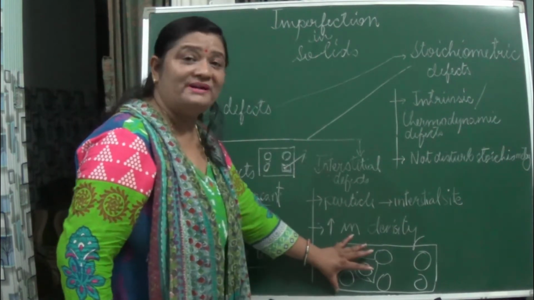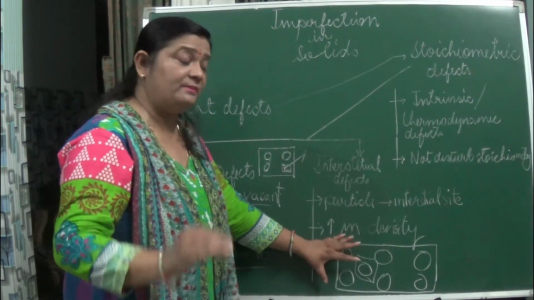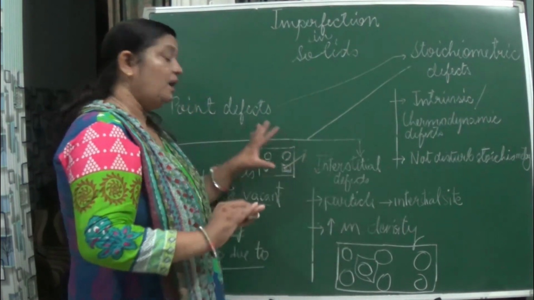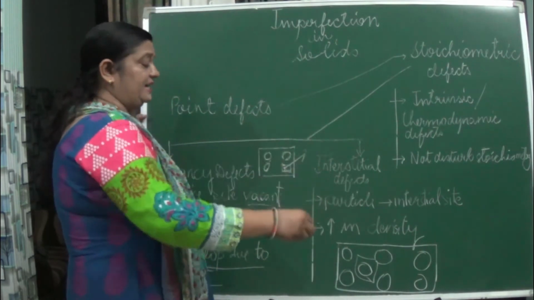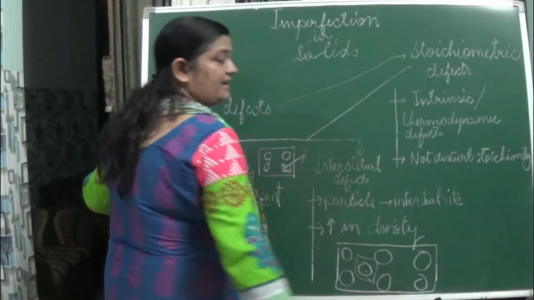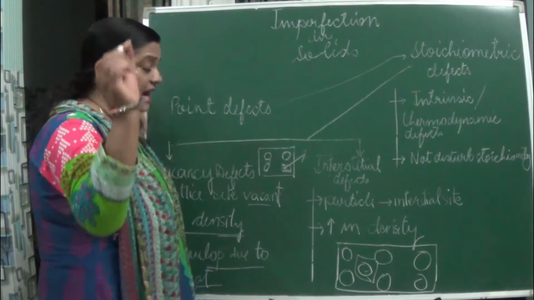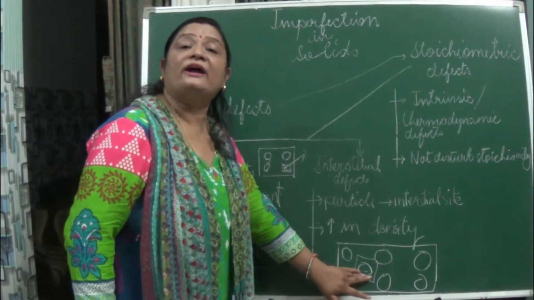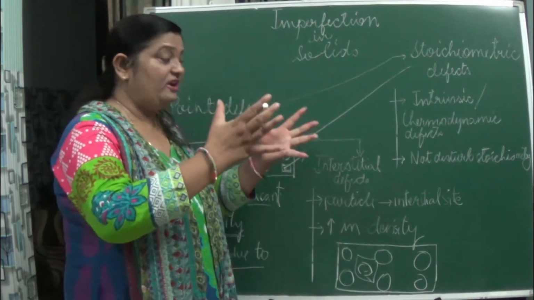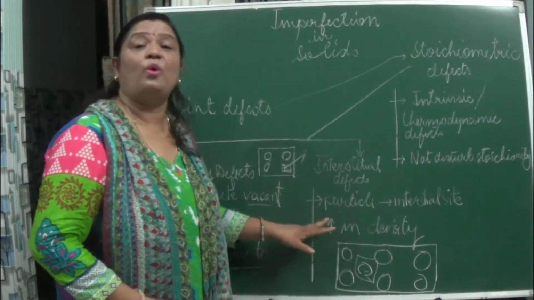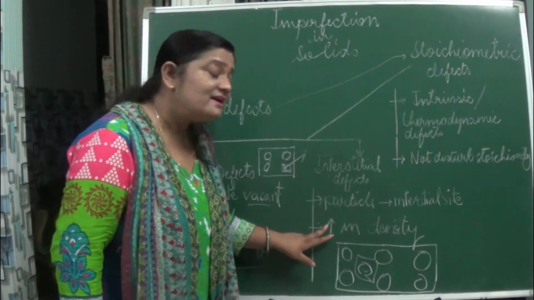The property doesn't change, the property remains similar here also. This particle just enters into the interstitial site and gets accommodated there, and naturally, if the particle is accommodated, its mass will increase, resulting in what? The increase in the density.